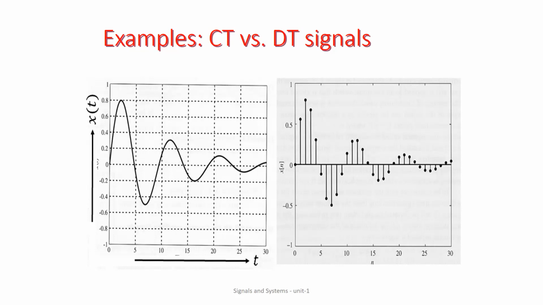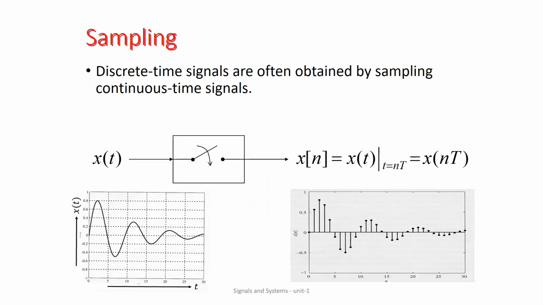In discrete signal, we are taking the points at each sampled value, nothing but at a particular time period. The discrete signal can be obtained by sampling the continuous signal. Simply we can say that the switching will be taken for every some time period here.